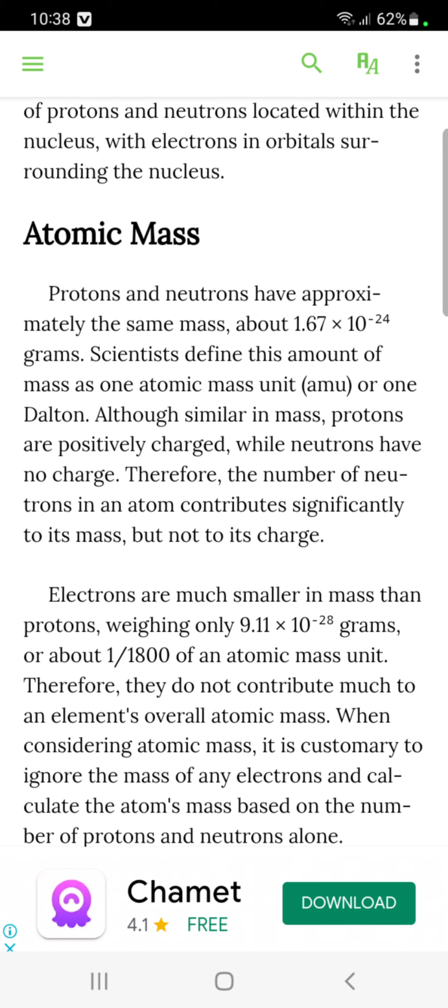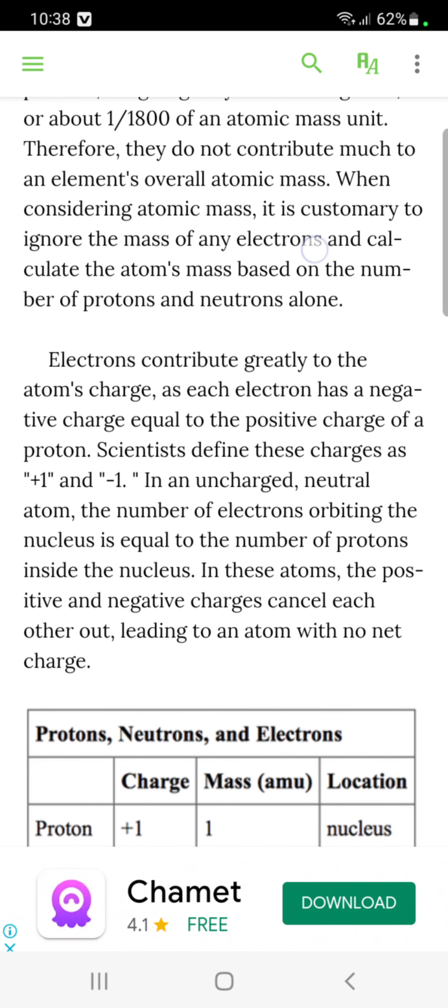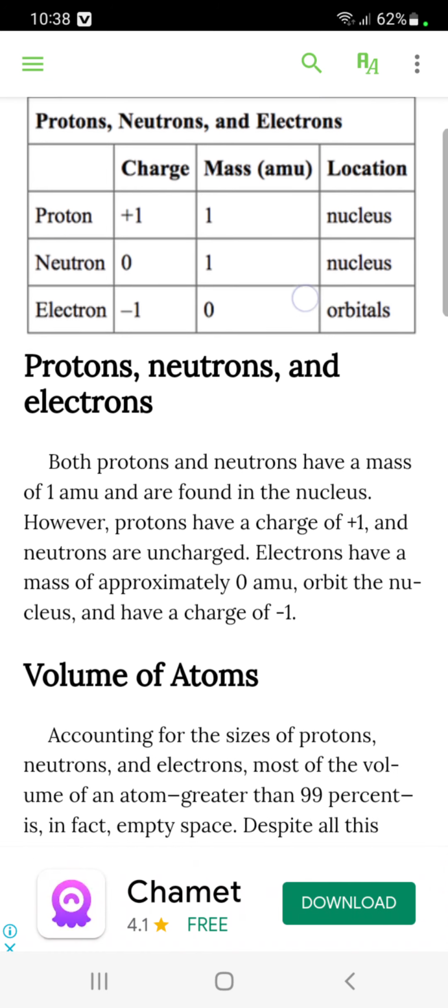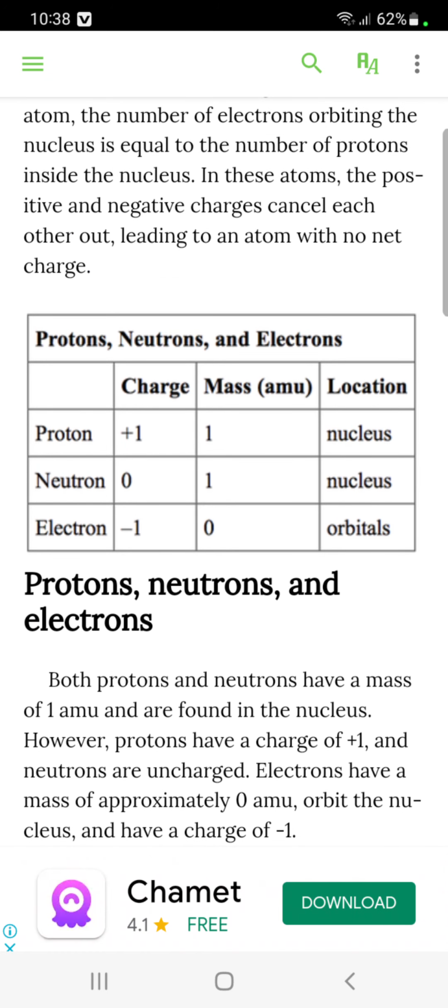Atomic mass: you can read all of the paragraph, the detail is mentioned here. Then when we reach down, you will see protons, neutrons and electrons.